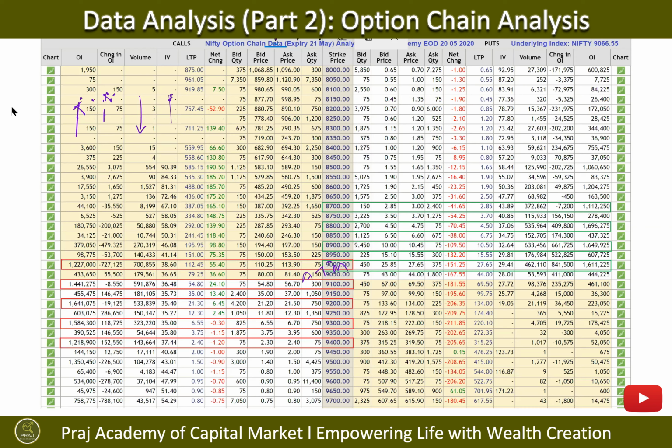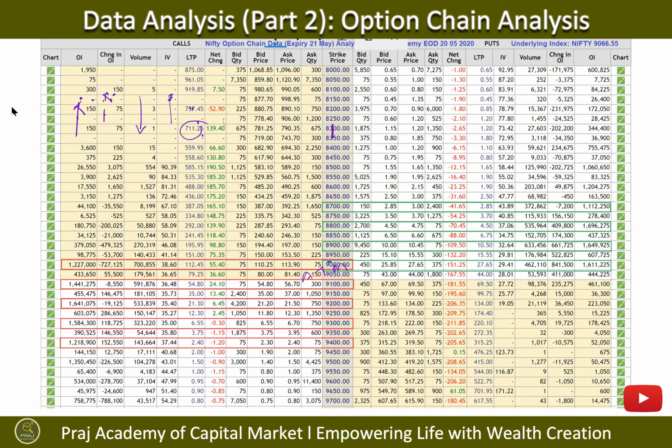In this session, we are not talking about implied volatility; we'll be making another video for that. And this is your last traded price, net change in the price in terms of value, bid quantity, bid price, ask quantity, and the strike price. So these are the strike prices created by the exchange.